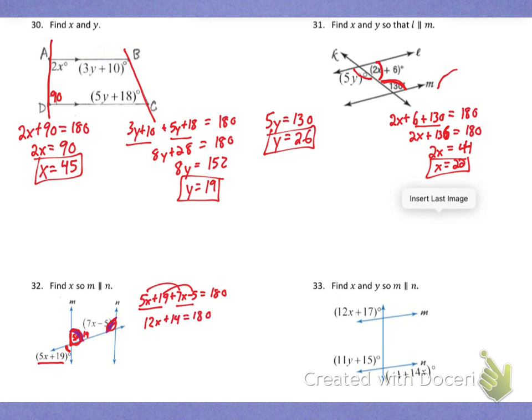I'm going to minus the 14 on each side, so 180 minus 14, it's going to be equal to 166. Divide that by 12. You can get a decimal here, so x is going to be equal to 13.8. So a decimal, it is tricky, but that is the right answer.